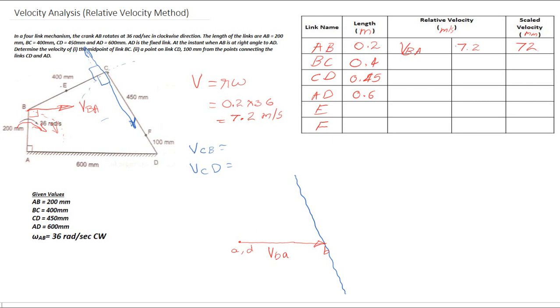The velocity can be either in this direction, perpendicular to this link, in this sense or in this sense. So now you can plot the velocity vector passing through the point D.